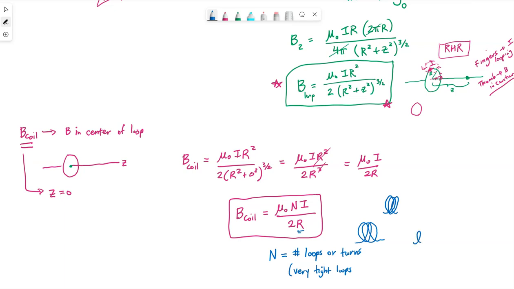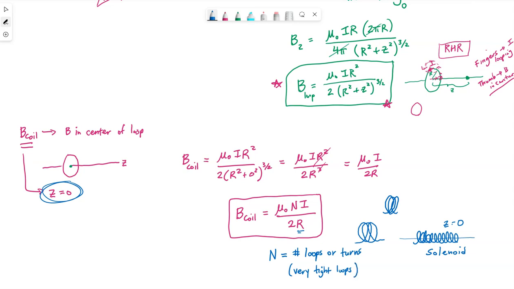Because if we start looping more and more, they can have the same radius, but they're certainly not going to have the same meaning of z equals 0. And that's the assumption we've used in getting to this equation. If we have lots of loops like this, we call this a solenoid, and we're going to get that equation in a minute.